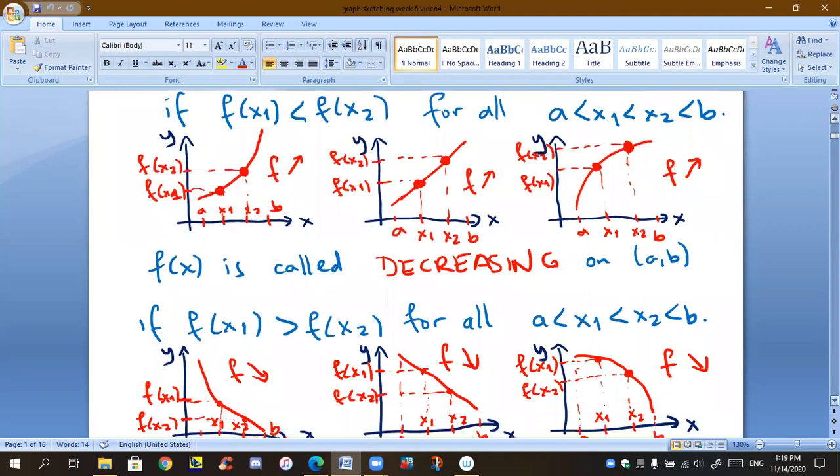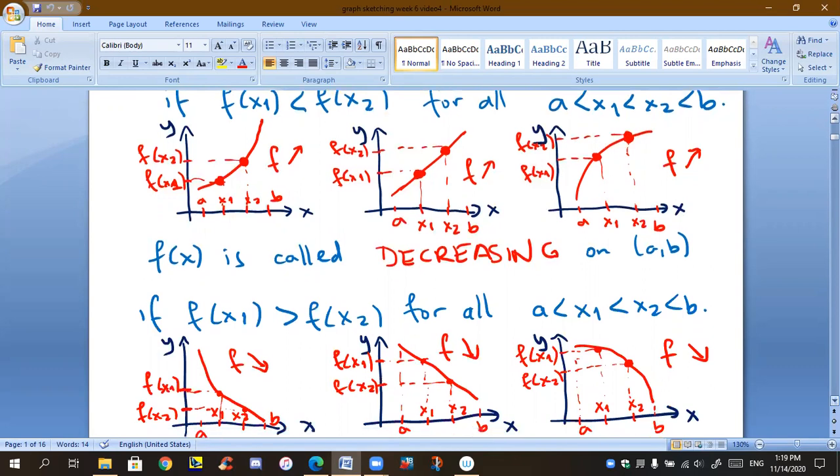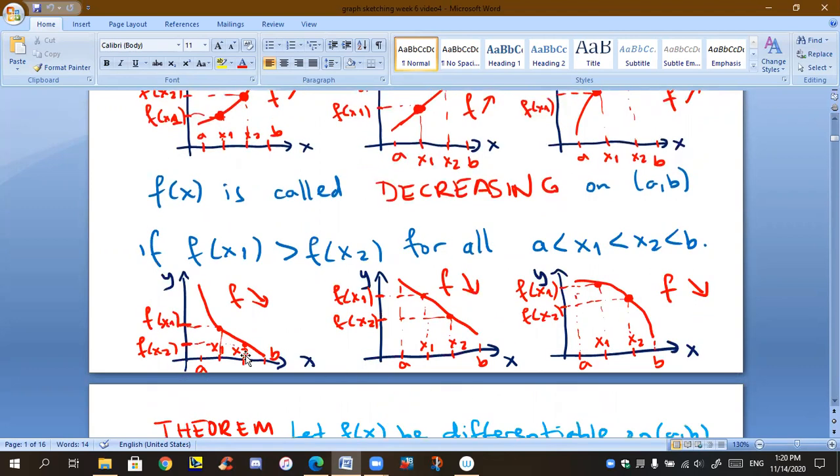So in this case, we are going to have decreasing graphs: you increase from x1 to x2, but then f of x1 is bigger than f of x2. Actually, f of x2 gets smaller than f of x1. So there are three possible ways again. All of these three pictures are decreasing functions, but the difference between them is their second derivative again, which will be talked about soon.